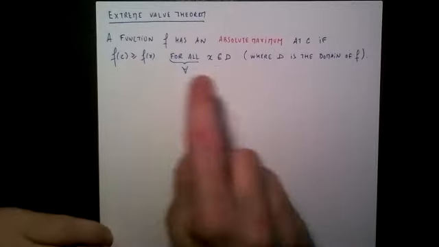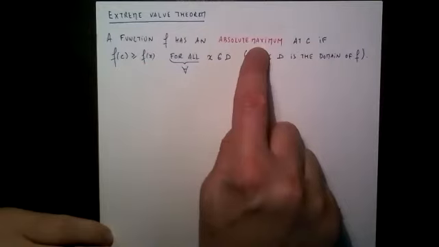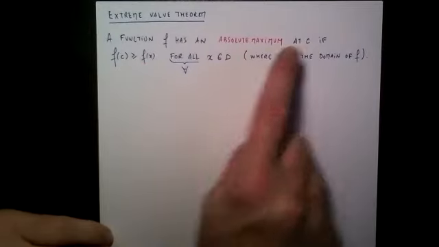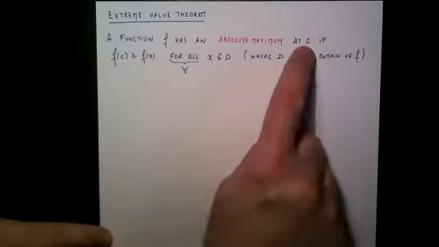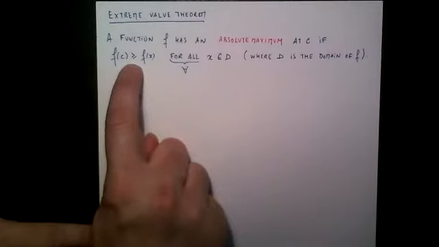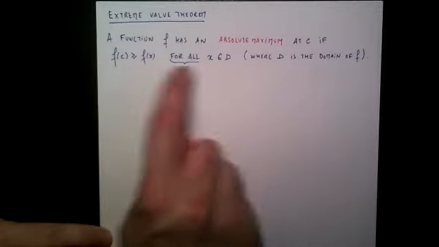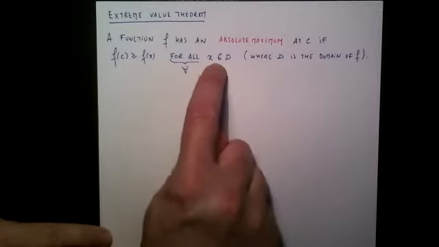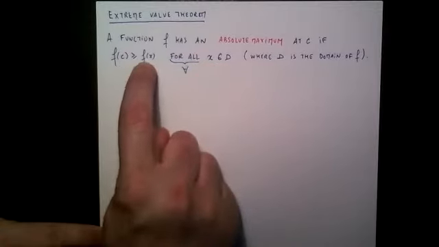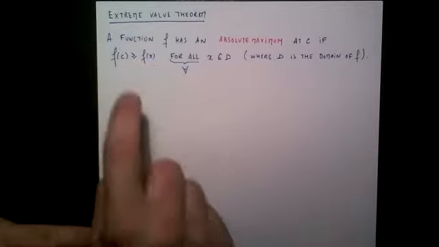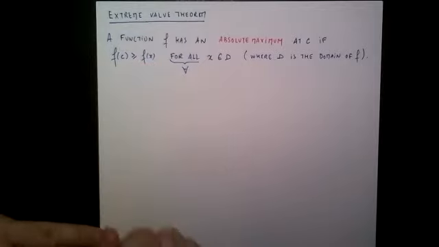Okay, so a function has an absolute maximum at a value c if what? If f, the value of the function at c, is bigger than or equal to every other value of f. Whatever x you put into f, you will never exceed f of c. That means that f of c is the maximum value. Make sense?